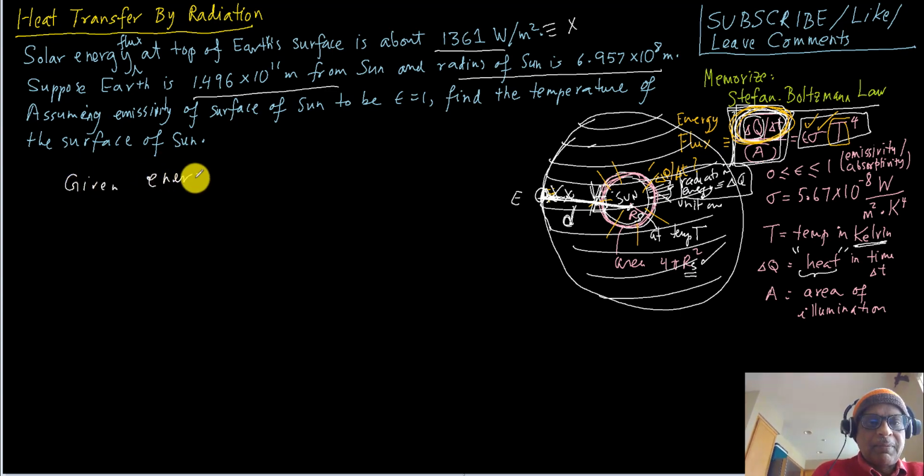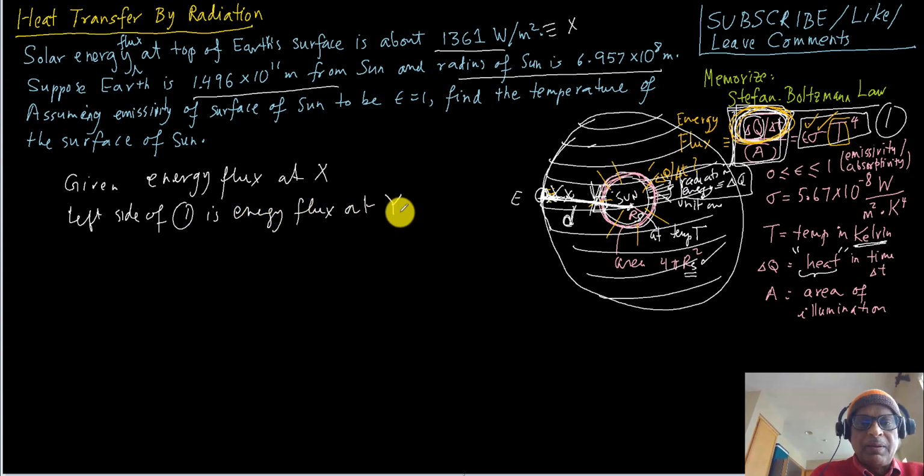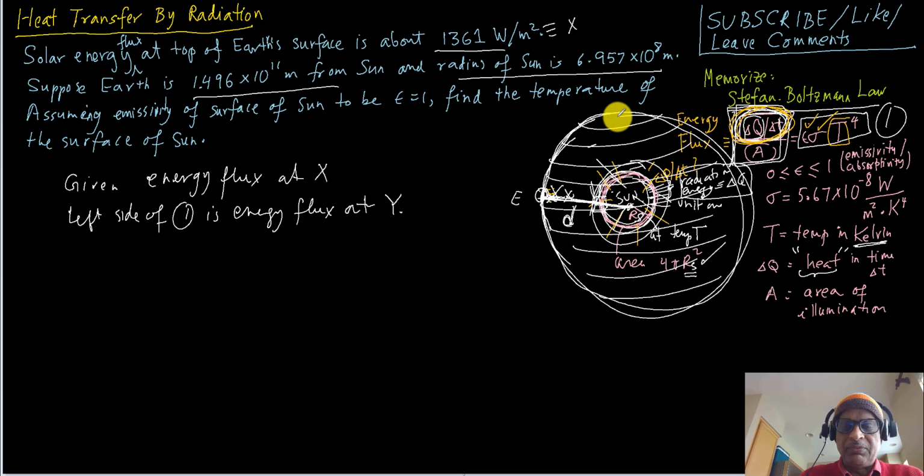the energy flux at x, the left side of equation 1 is the energy flux at y. Well, if the energy were going to go through this surface and then had to go through that surface, all the energy that came out of here has to go through the entire surface, right?